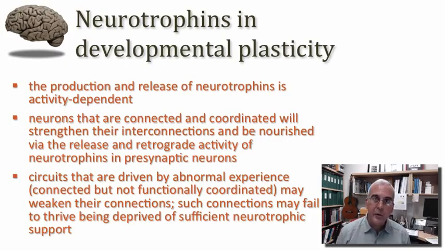But these connections are also going to be weakened and eventually eliminated because they will fail to acquire this neurotrophic substance that is released in limited quantity. So these connections are going to fail to thrive because they're being deprived of sufficient neurotrophic support.